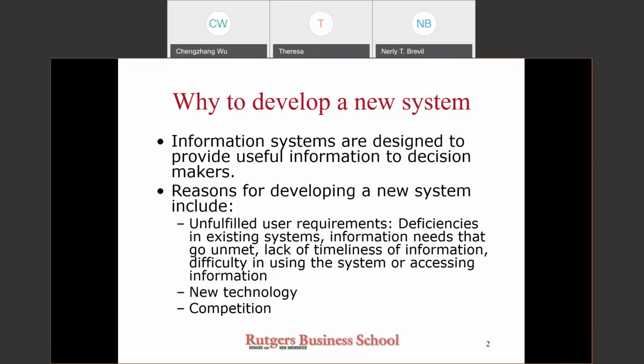If the purpose of an information system is to provide information useful for decision making, and if existing systems are failing in that regard, then the solution is to develop a new system or significantly modify the existing system, depending on a number of factors.